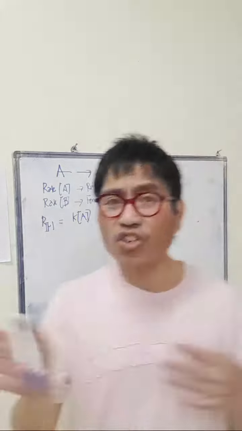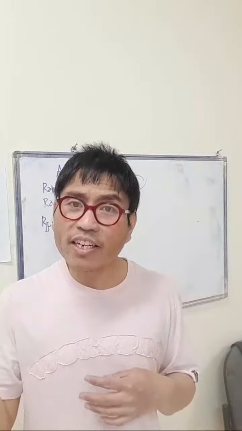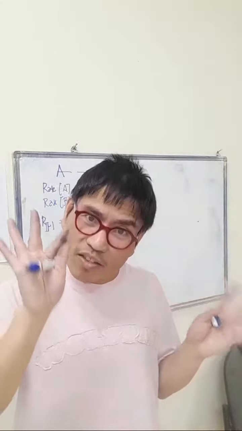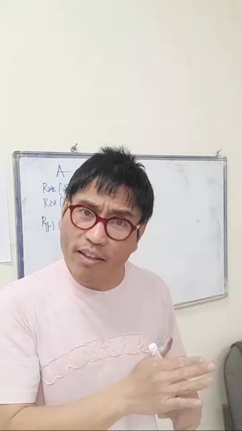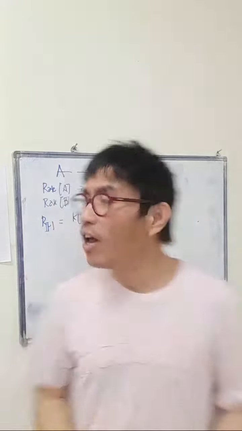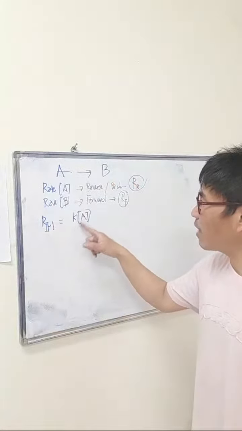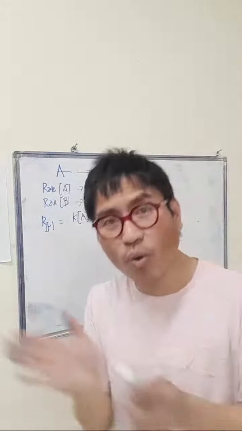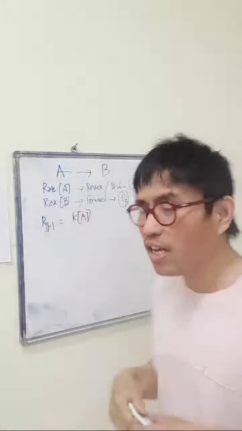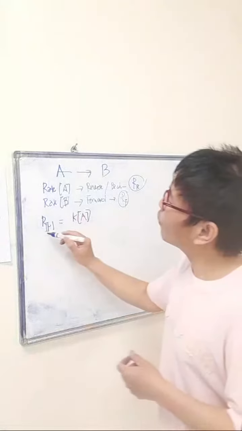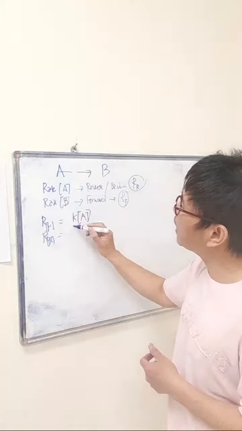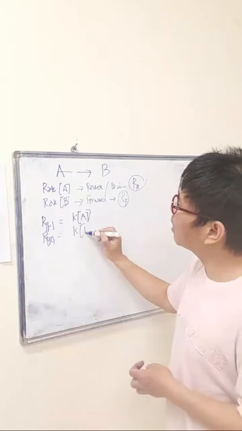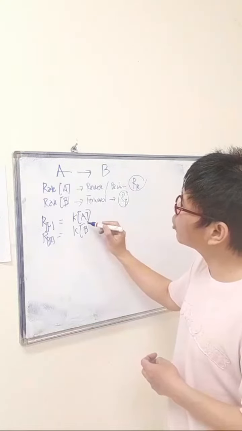When you go to the direction, the one you will multiply to the constant will be the reactant. You get the point? So that you will not be lost. For example, rate of forward reaction is equal to k times A, not B, because you are going forward. And then rate of reverse reaction is equal to k times B, because it is the reverse.